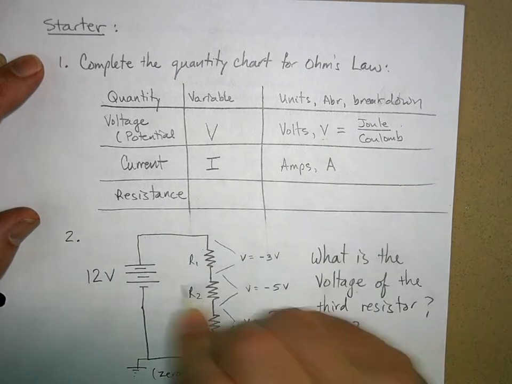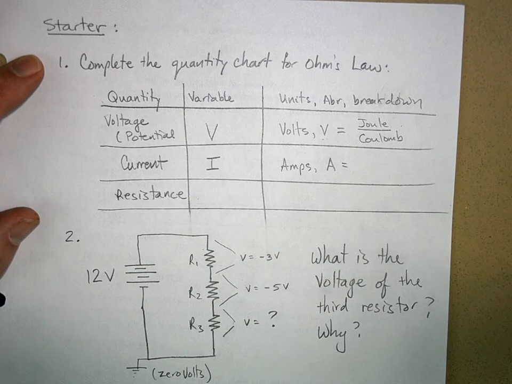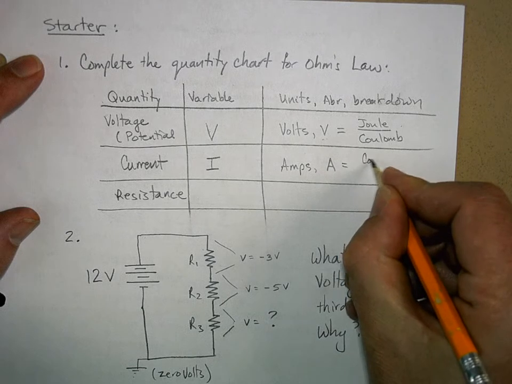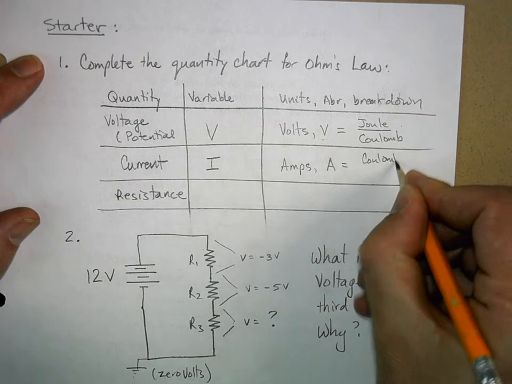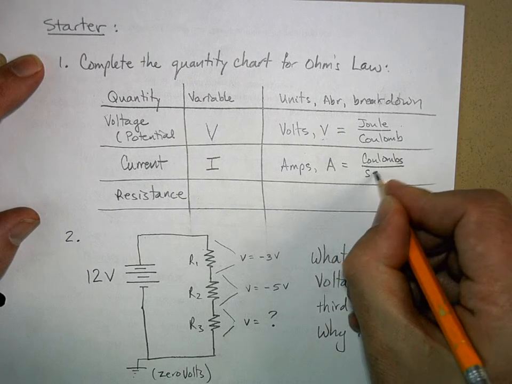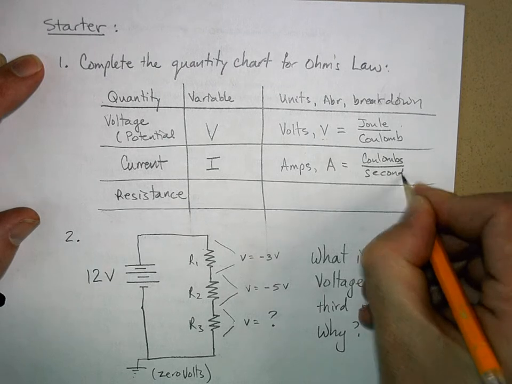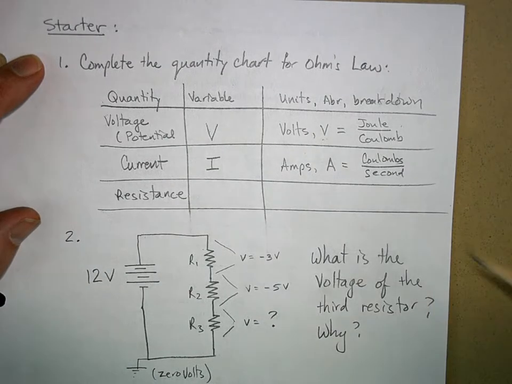And we use a capital A. Now, what is an amp? An amp is a measure of how much charge goes by every second. So that's coulombs per second. Okay, so that's the breakdown for it.